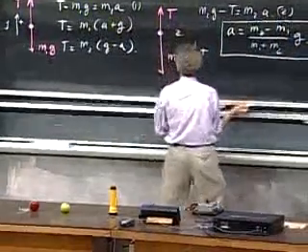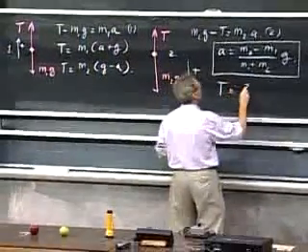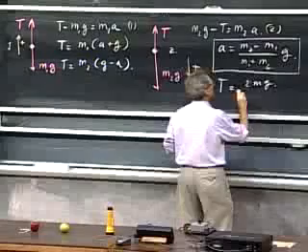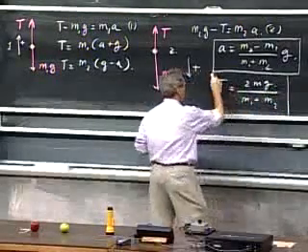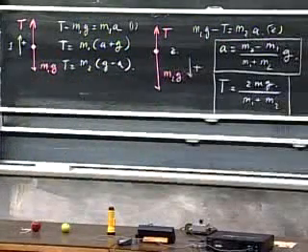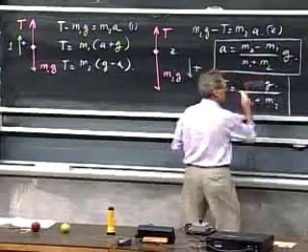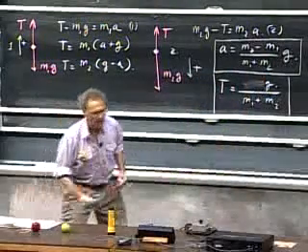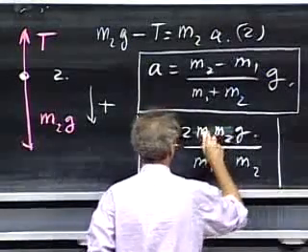And you substitute that a in that equation, and you'll find that the tension equals 2m1m2g divided by (m1 plus m2). This is very easy for you to verify.